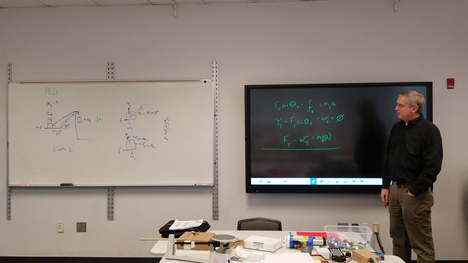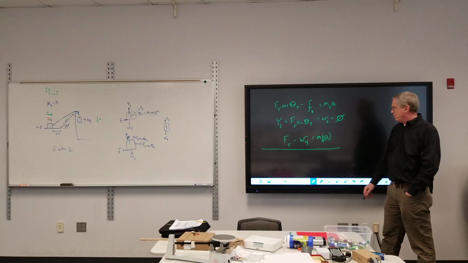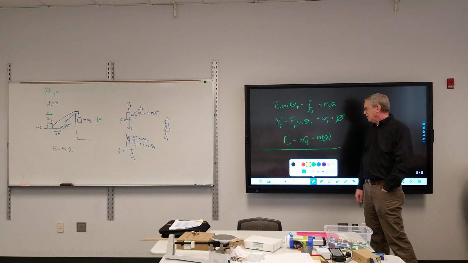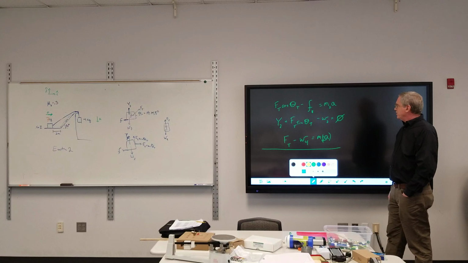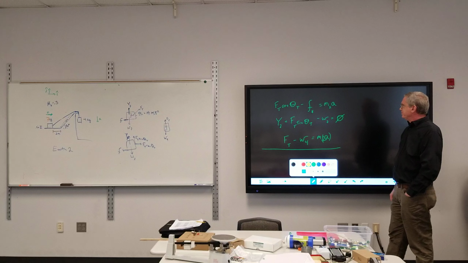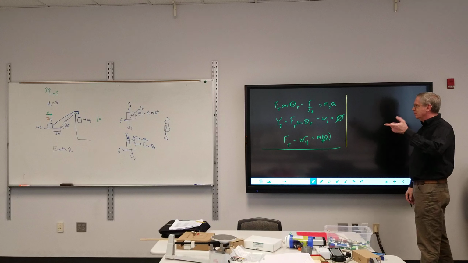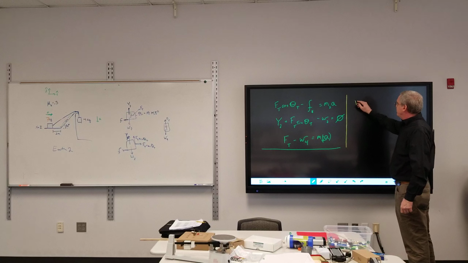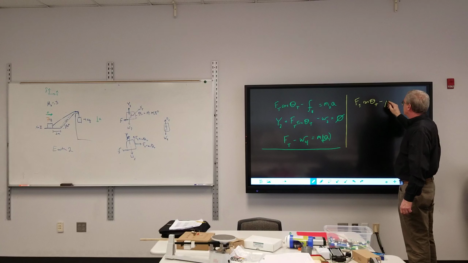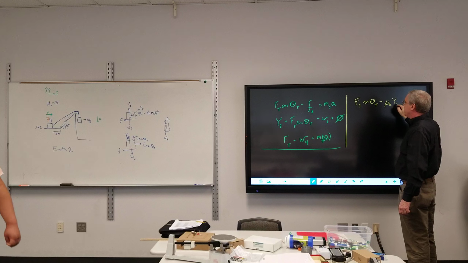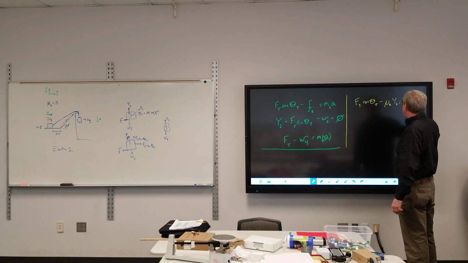All right. What comes after the equations of motion? Substitutions. All right, for what do we have an independent equation? Friction and weight. So I have FT cosine theta T minus mu K Y7 equals M7A.